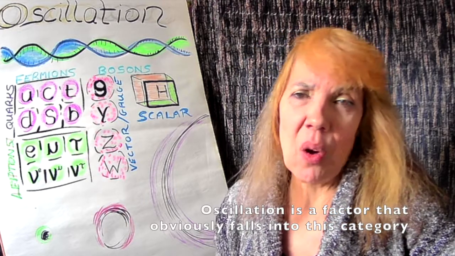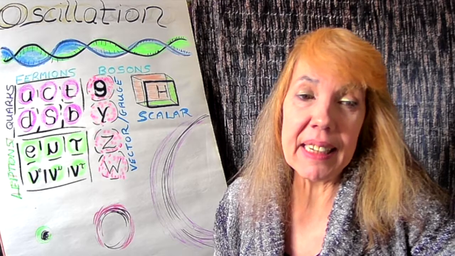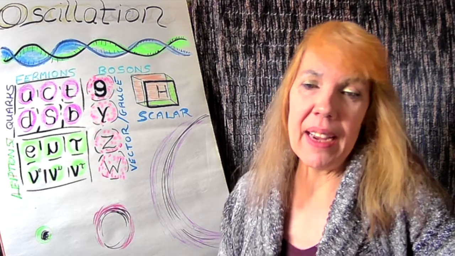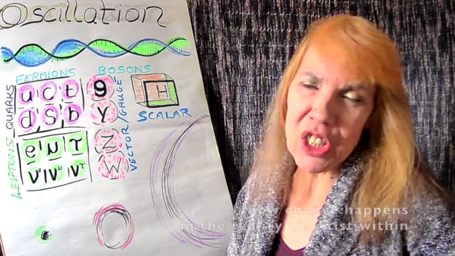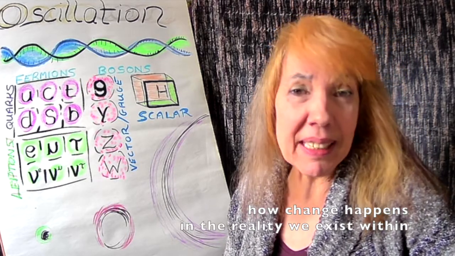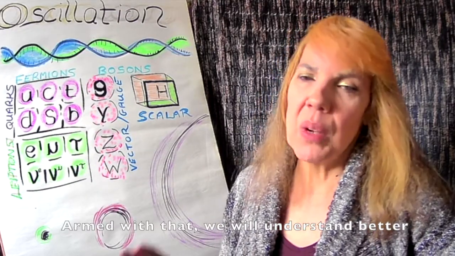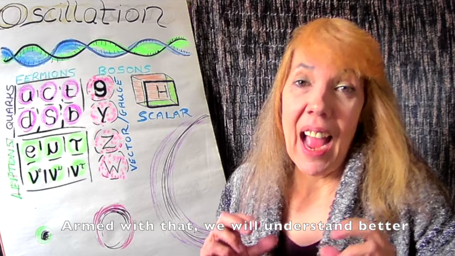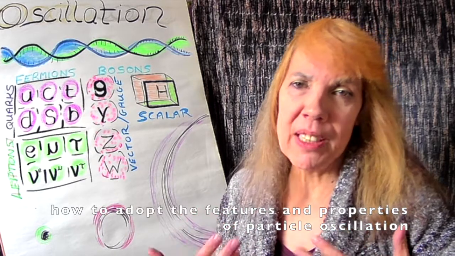Oscillation is a factor that obviously falls into this category, and its exploration is going to go a long way, I believe, into understanding how change actually happens in the reality that we exist within. Once we know more about that, we're going to understand better how to adopt the properties of particle oscillation.